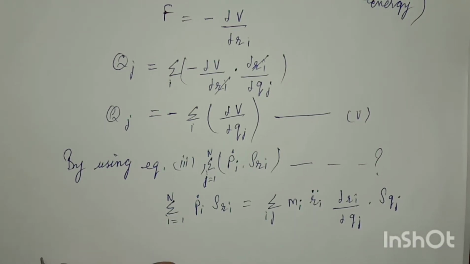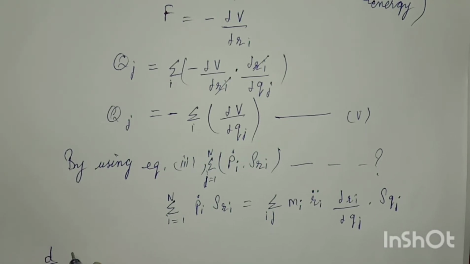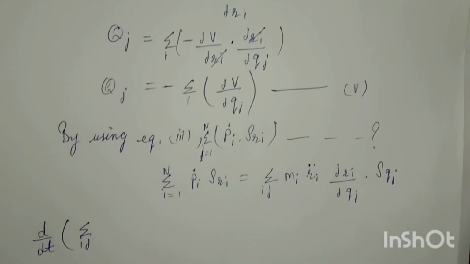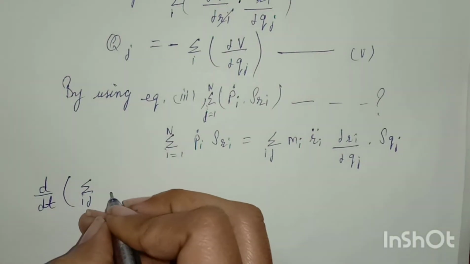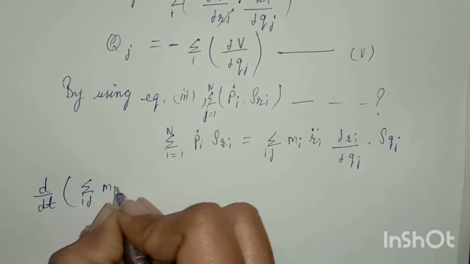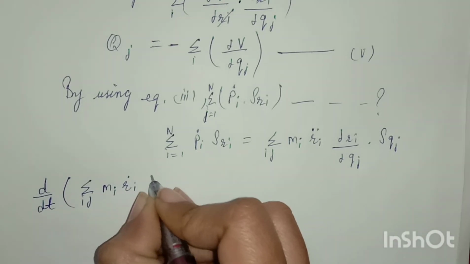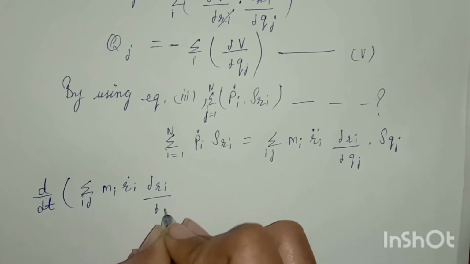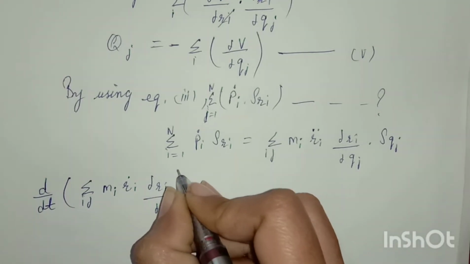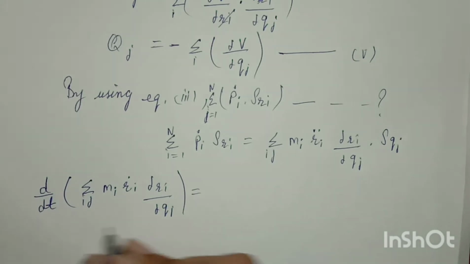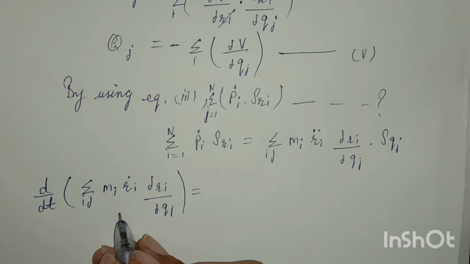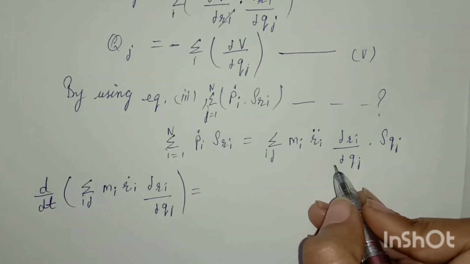So here we can write d upon dt of the bracket summation ij mi Ri dot ∂Ri upon ∂Qj is equal to, on this equation we apply the UV formula to get this equation.